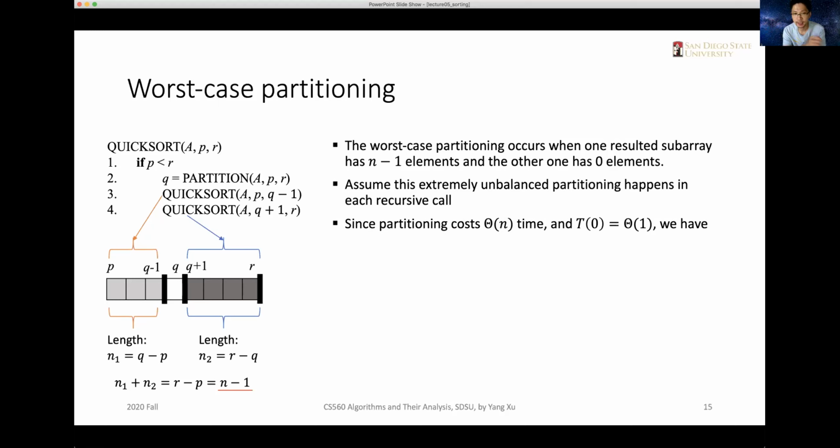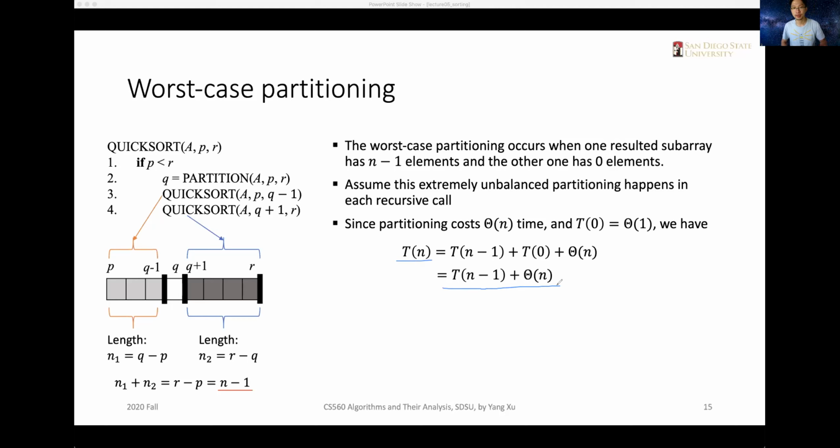So in that case, because the partition costs big theta of n time, and let's assume that an input sequence of length 0 obviously costs us constant time. So we can write the recurrence of the worst case partitioning. We can write the recurrence of quicksort in such a form: T of n equals T of n minus 1 plus theta of n.